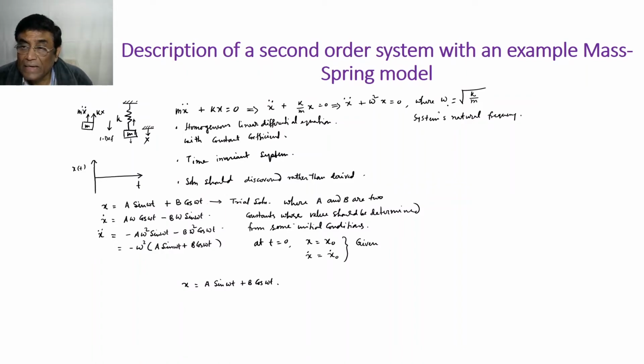Because the frequency with which this mass will oscillate when it is hanging with a spring depends on only two things, which are the nature of the system: how stiff the spring is and how big the mass is, and nothing else.